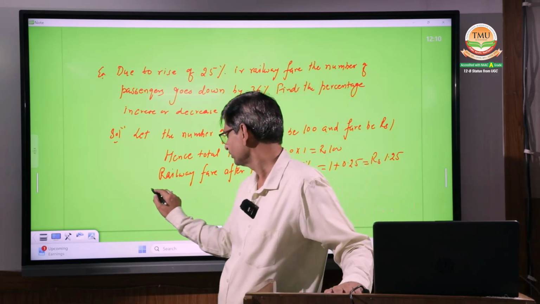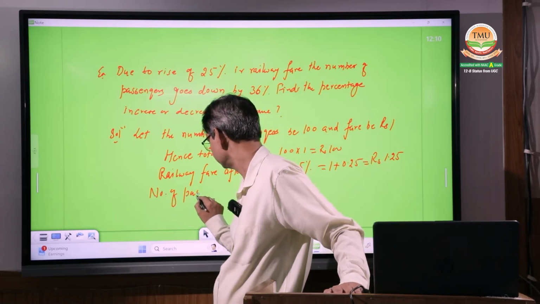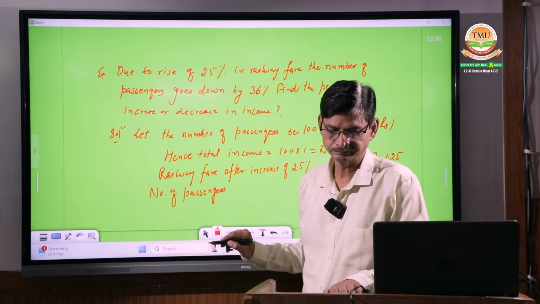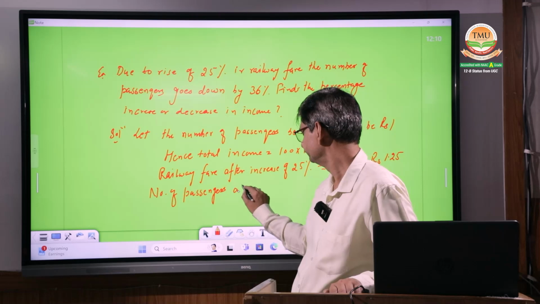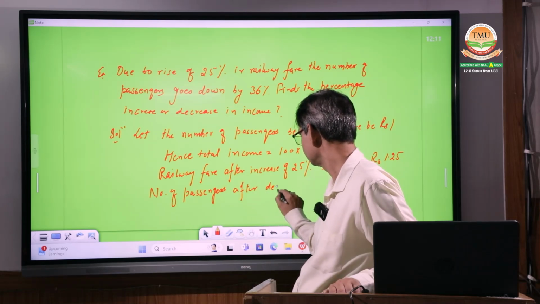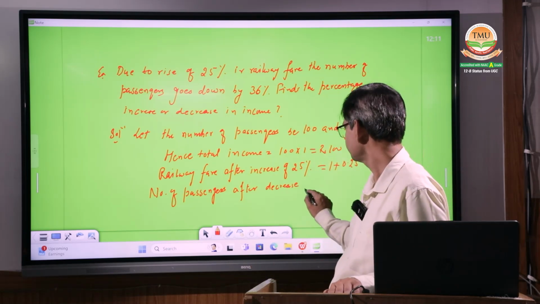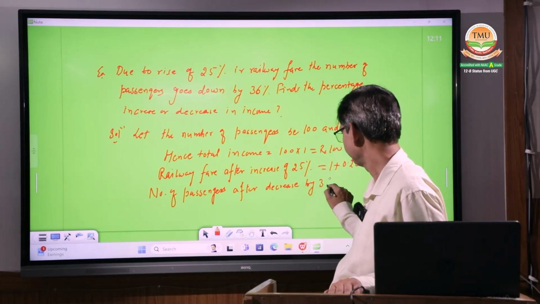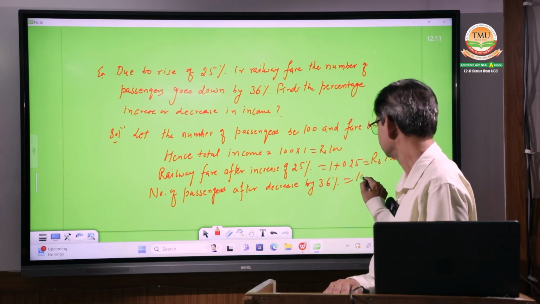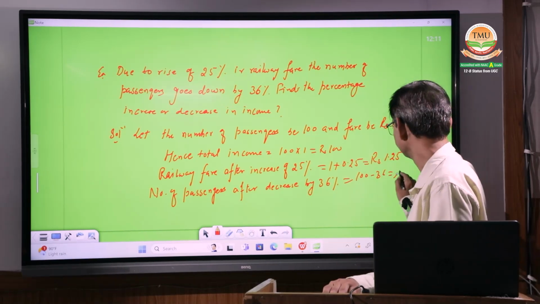Number of passengers after decreasing by 36%, that is 100 minus 36, which will be 64.